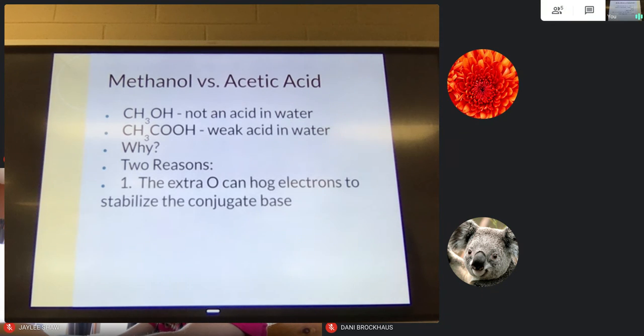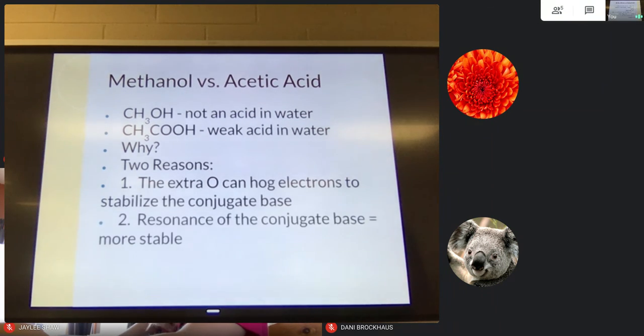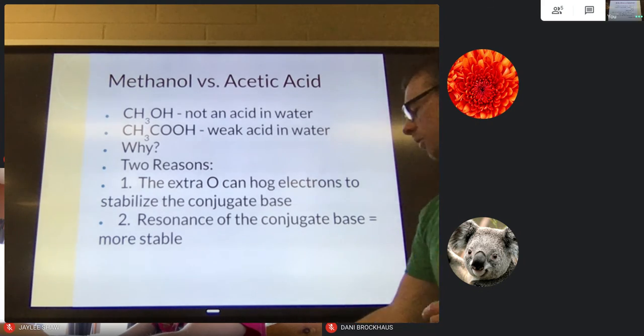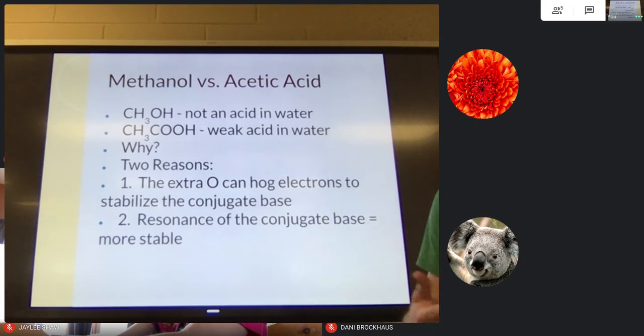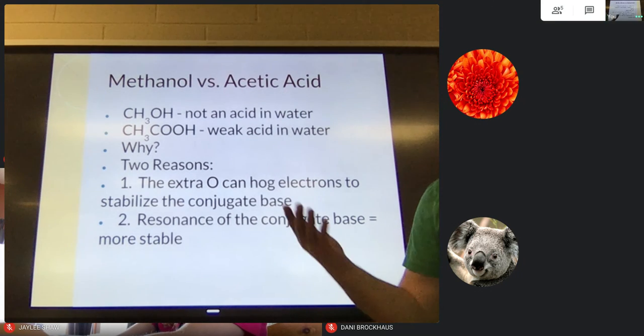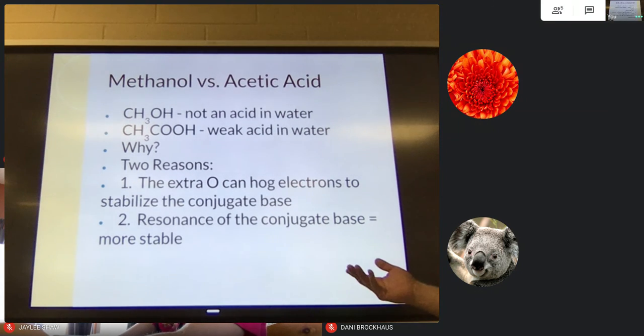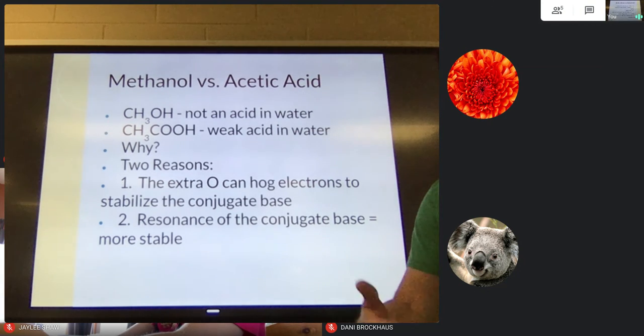The extra O can hog electrons to stabilize the conjugate base, and the resonance of the conjugate base means it's more stable. So it can kind of share the burden. So a lot of times, things that might look like they're acids or bases might not be because they don't have this extra resonance.